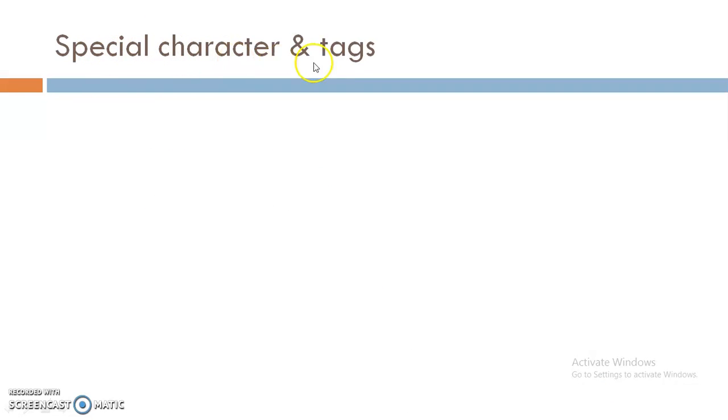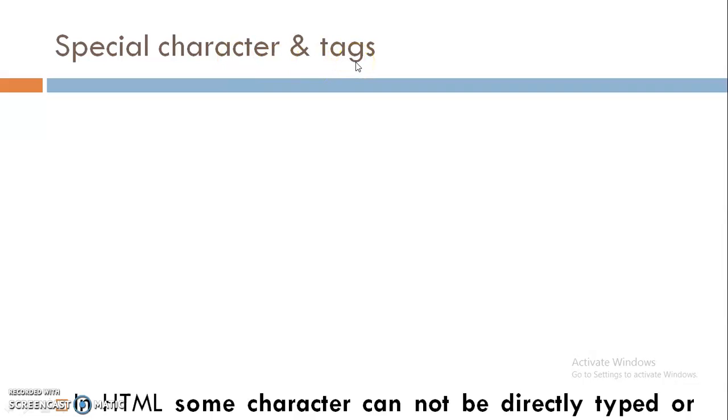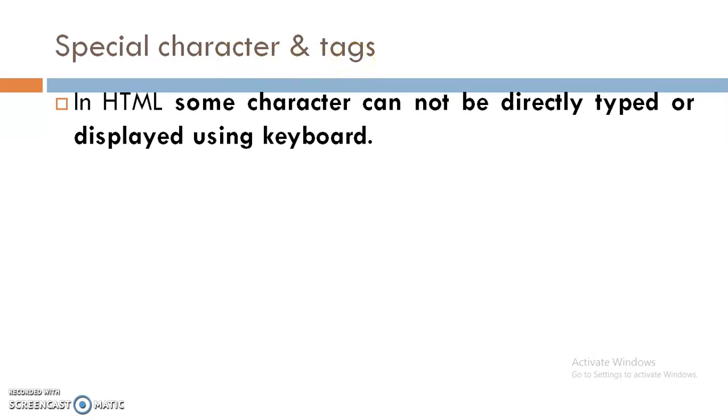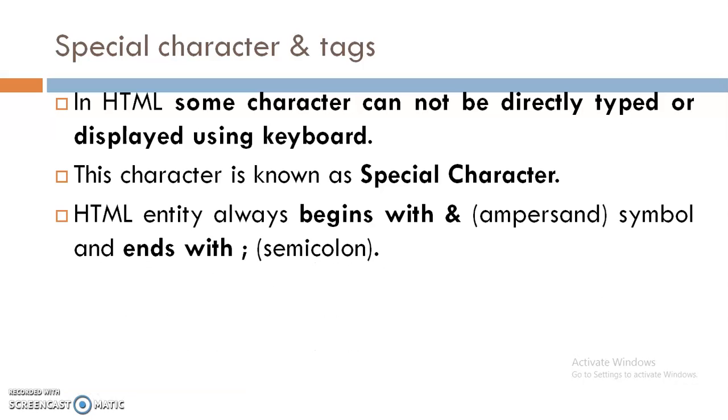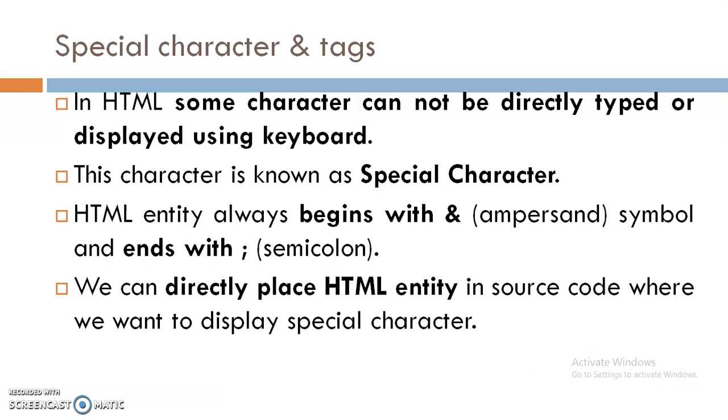Next, special characters and tags. In HTML, some characters cannot be directly typed or displayed using the keyboard. These characters are known as special characters. They are written in HTML code starting with an ampersand symbol and ending with a semicolon.